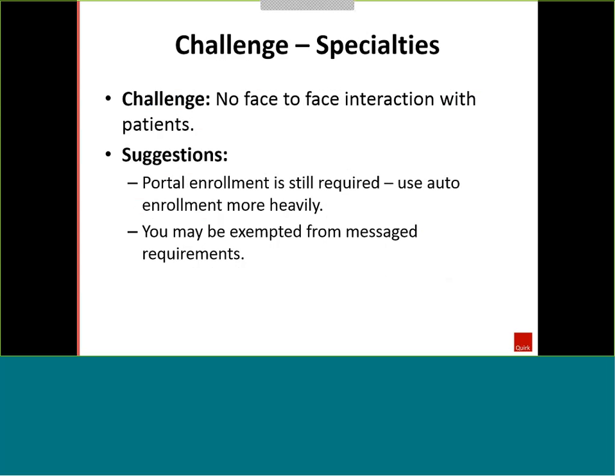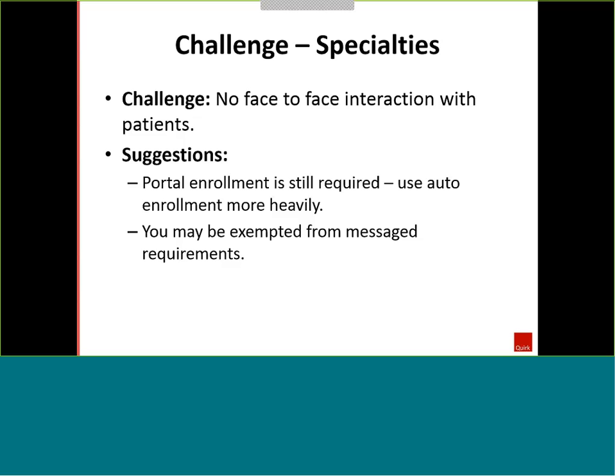Okay. All right. So some specialties obviously don't have as much face-to-face interaction with the patient. Sometimes you get a really good endocrinologist, rheumatologist, something like that. You might not see them for 6-8 months just because they're that in demand.